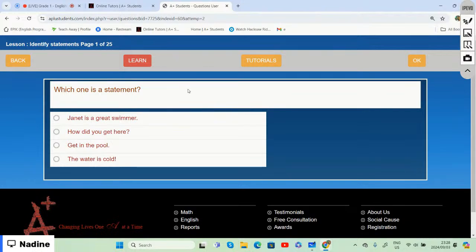It says, which one is a statement? Option one, Janet is a great swimmer. Option two, how did you get there? Option three, get in the pool. And option four, the water is cold.